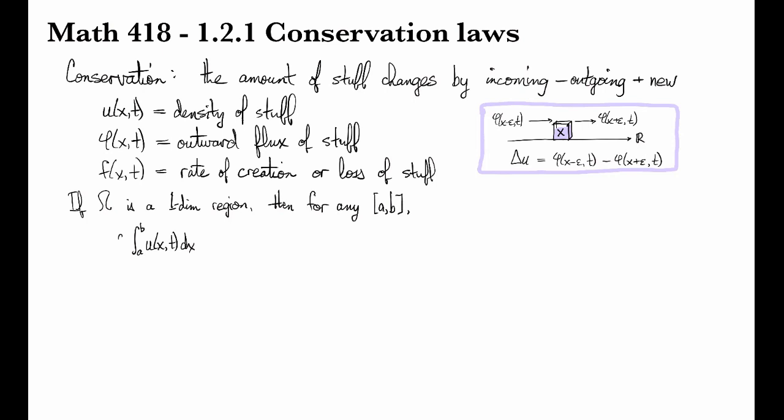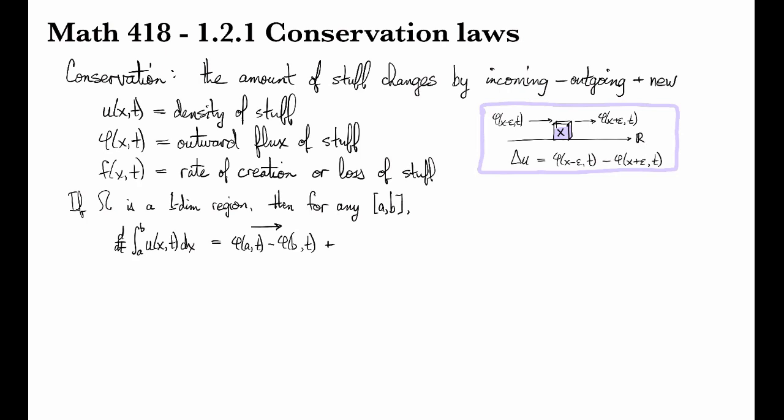And then we're looking at the rate of change of the total amount of stuff. And so this is going to be the amount that comes in at A minus the amount that comes out at B. And recall, phi is a vector, and so it's the flux from left to right.